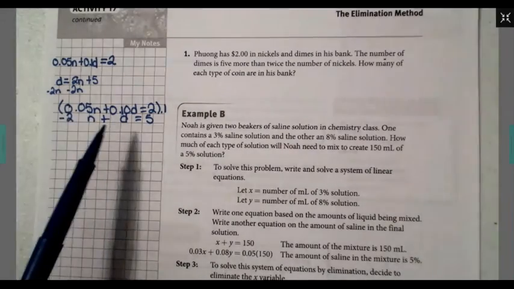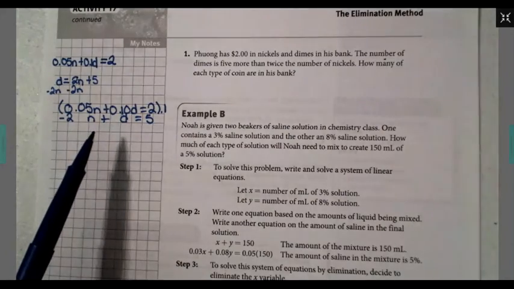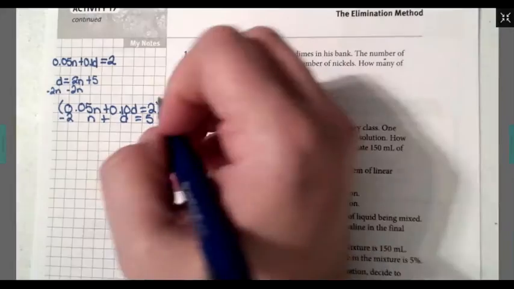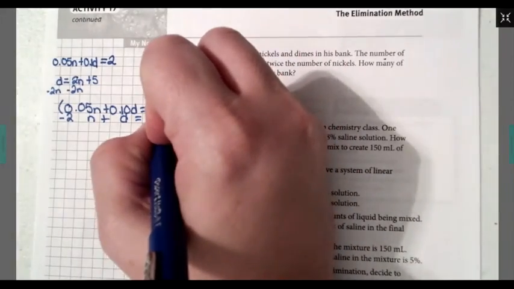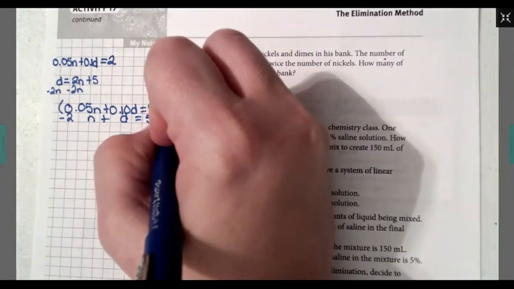But on this top one, I want to get rid of the decimals because those always tend to throw us off. So we're going to multiply this entire equation by 100.